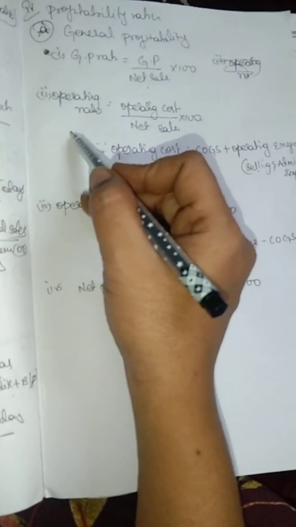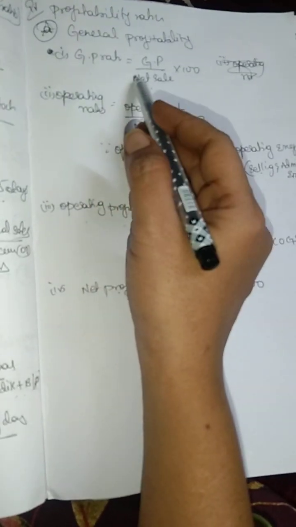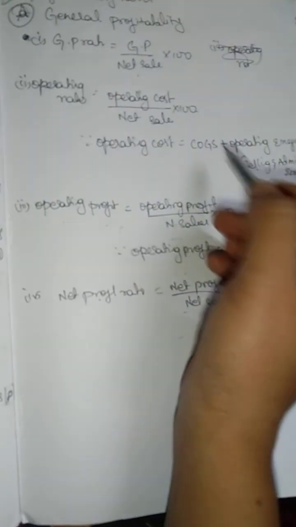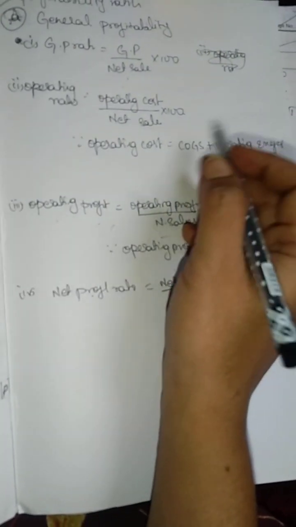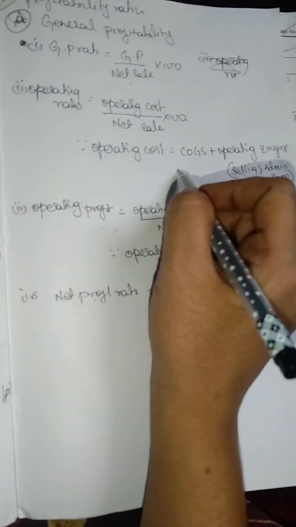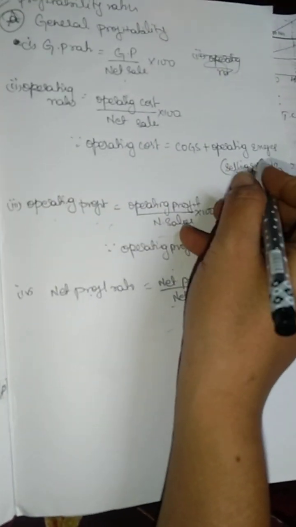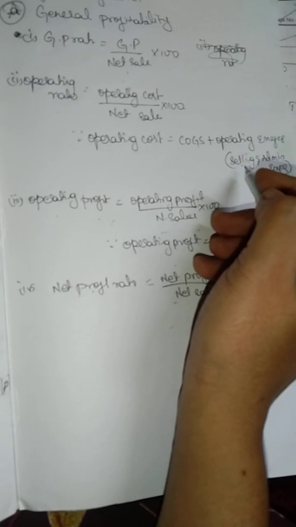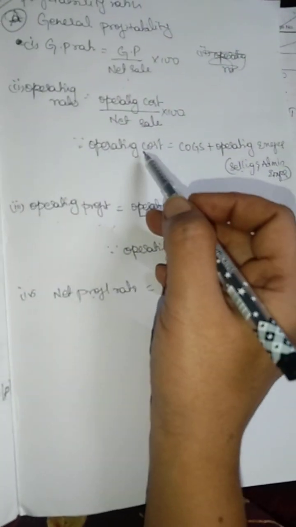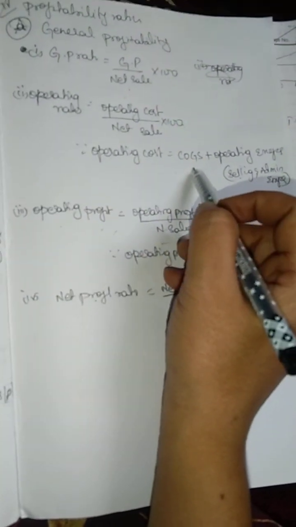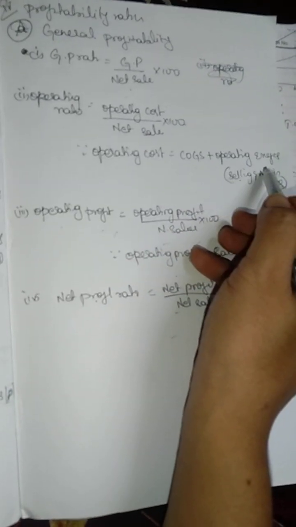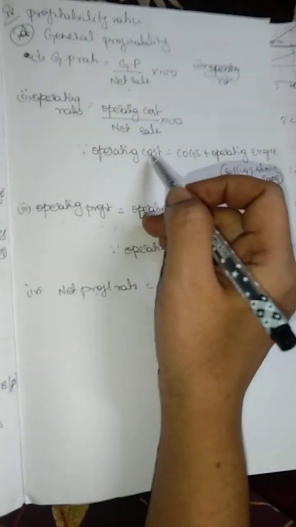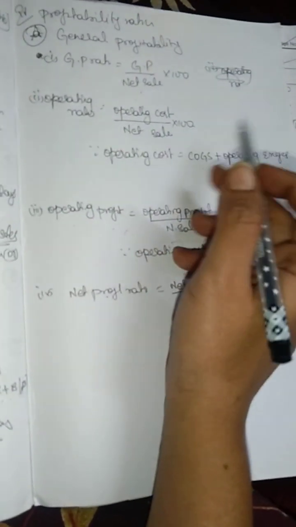Now coming to the next part. Gross profit you know very clearly, but what about operating cost? Operating cost is nothing but the actual activity cost, so cost of goods sold plus operating expenses. What are operating expenses? Nothing but selling and admin expenses. Together we call it operating cost, that divided by sales.